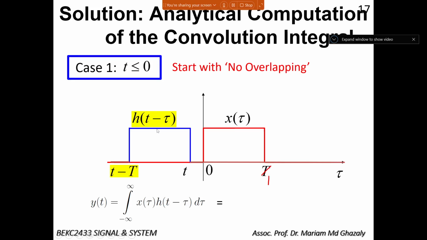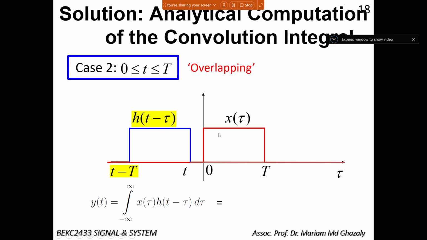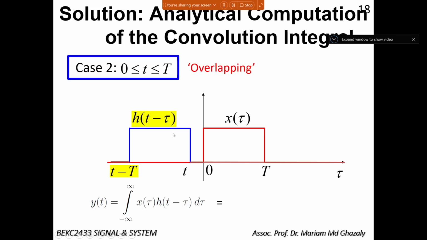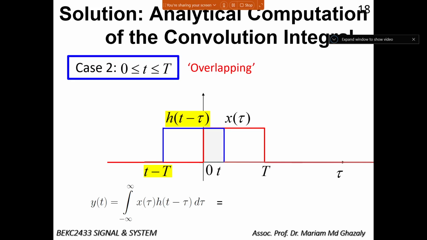This is case number 1. Next, we start to overlap. Imagine the blue signal is your bicycle, moving up onto the step. You start to see that some area is overlapping and some area is not overlapping. This is case number 2.